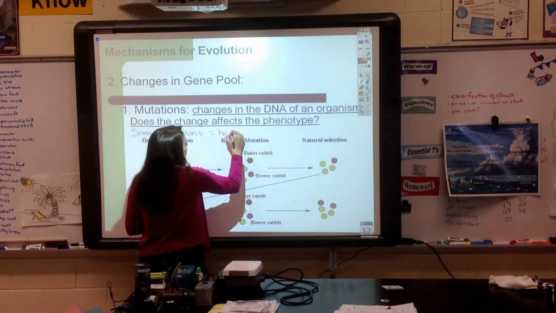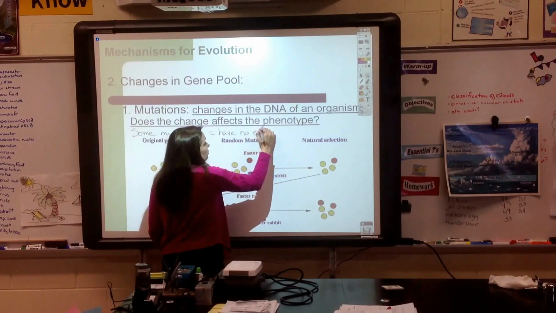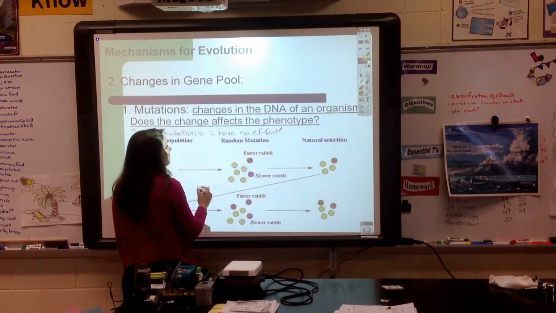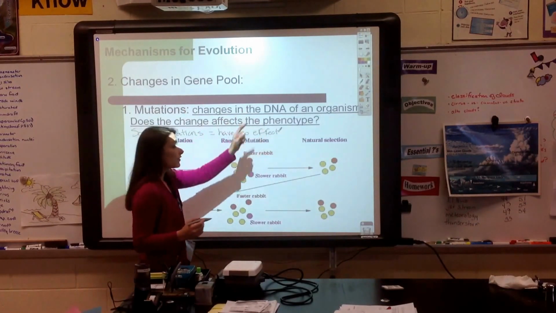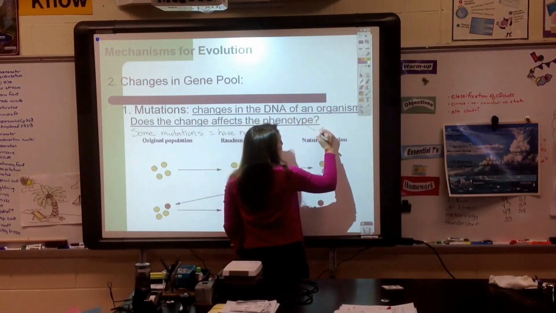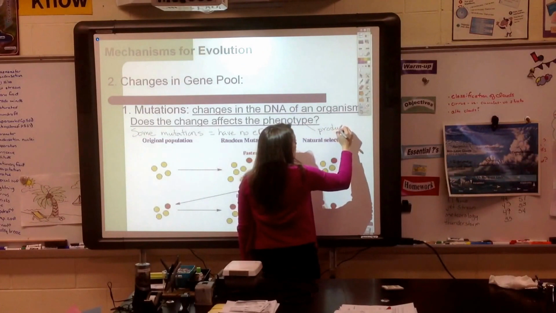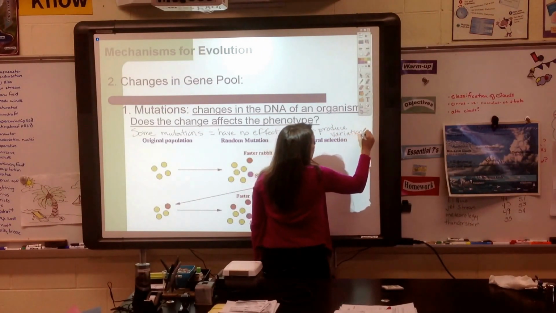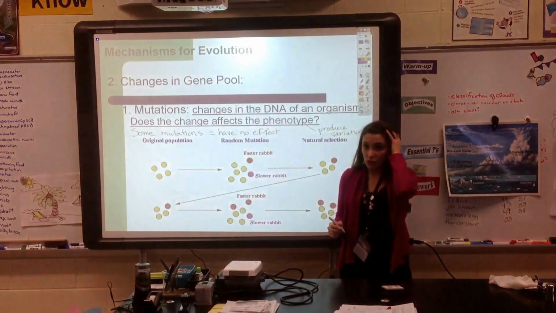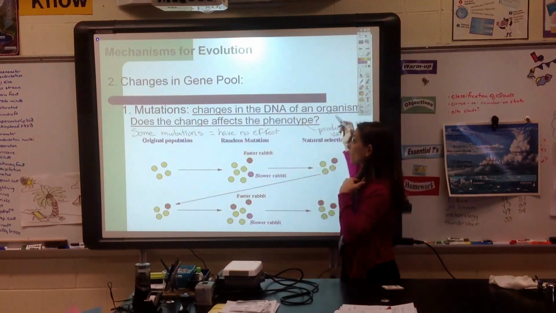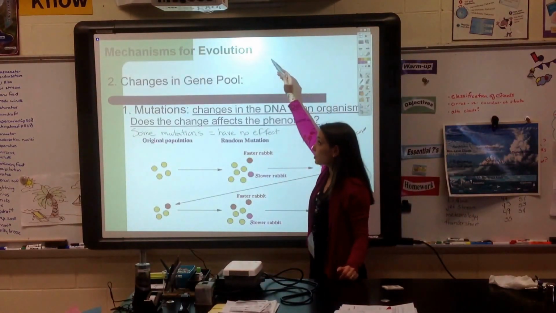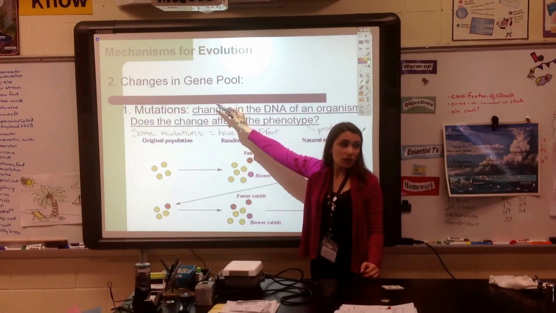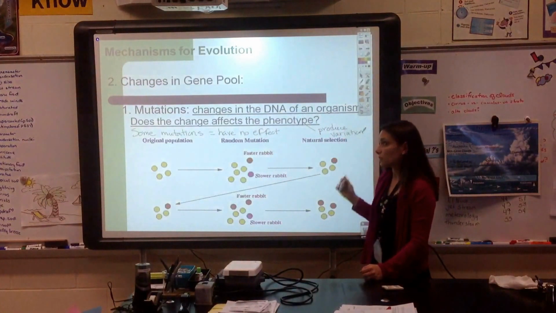Some mutations have no effect or are silent. So only the mutations that actually change the phenotype and produce variation matter. Remember, in order for evolution to occur, we must have variation. And so for evolution to occur, mutations need to occur, and those mutations need to cause variation.